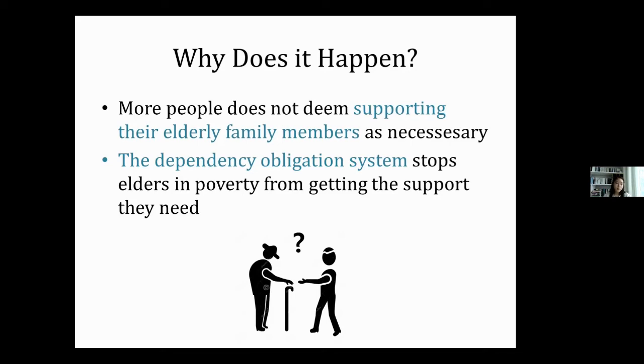However, this happens not as often because less and less people deem supporting their parents financially as necessary. Meanwhile, the dependency obligation system, which is a policy that obligates adults to provide financial support for their parents, becomes an obstacle that stops seniors from receiving enough aid. South Korea's capital of Seoul abolished its dependency obligation system in May 2021.